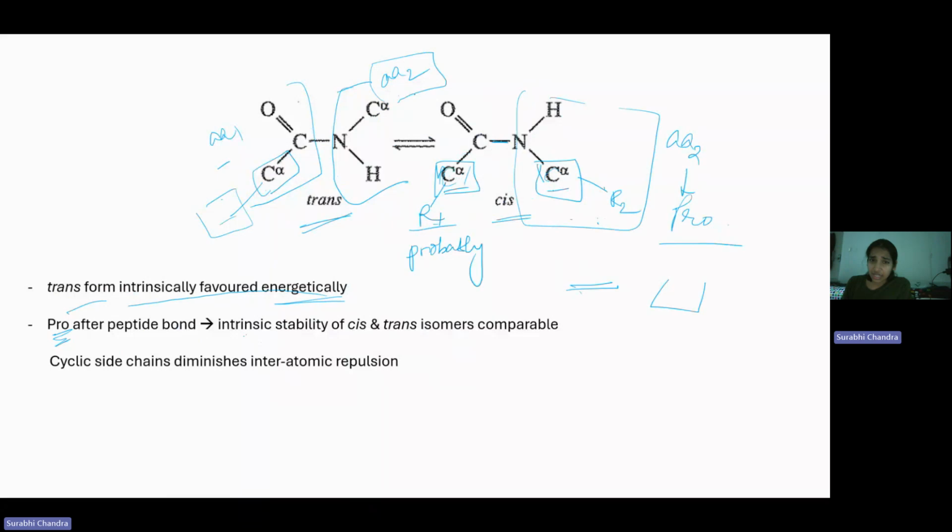It doesn't have freely available functional groups attached to it. Okay, so this is what is written here. Cyclic side chains diminish the interatomic repulsion, which can be seen in these freely attached functional groups like R1, R2 in these two different amino acids. All right.